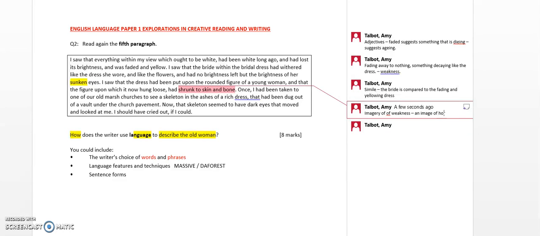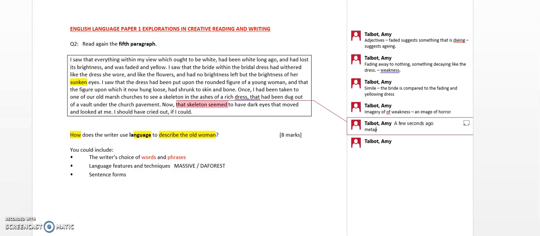And now that skeleton, so he talks about a skeleton, so we've got a metaphor. The woman's not dead, but to him she is a skeleton, which adds to that image of her being horrific, like a horror thing to look at.